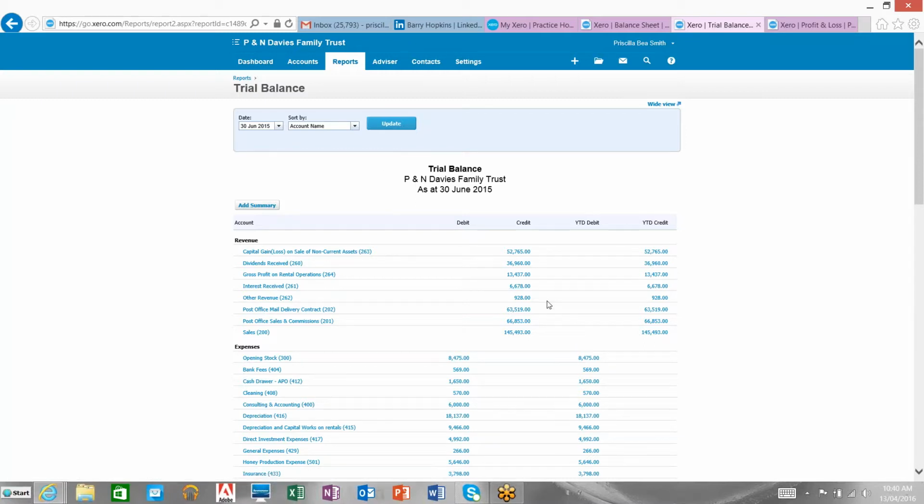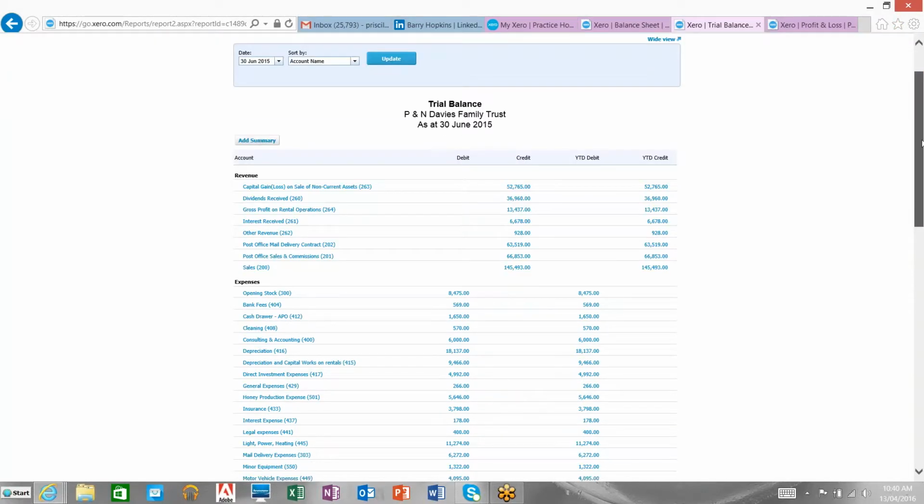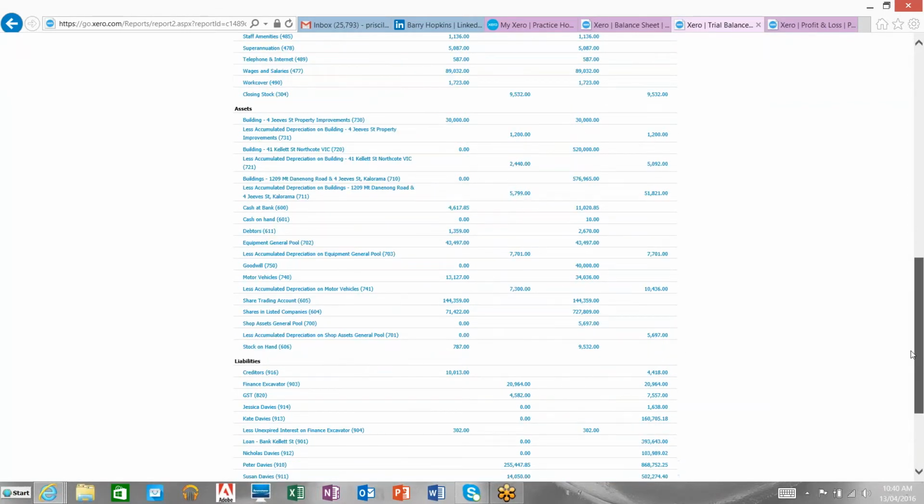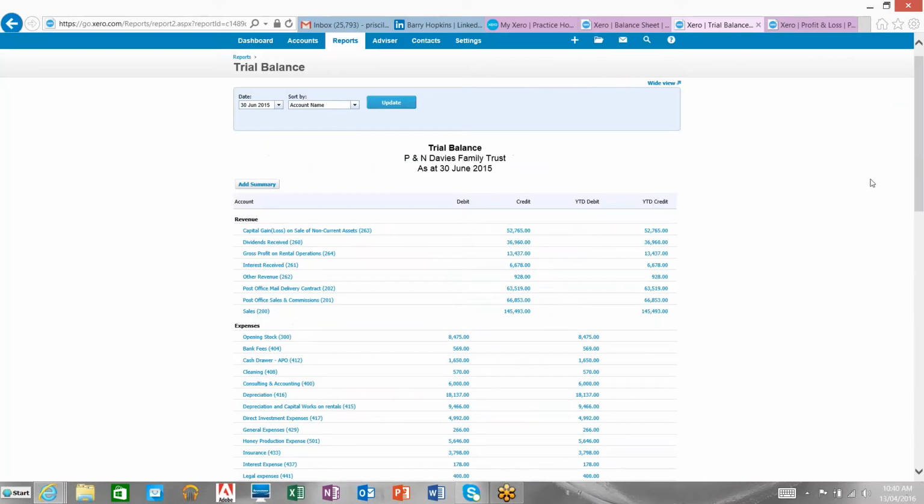Now, I just don't know why the system always gives us the movement in the last month, and it's a bit confusing, because when we want the yearly trial balance, we have to ignore this. It picks up the very month which we report on, and then this is year to date.